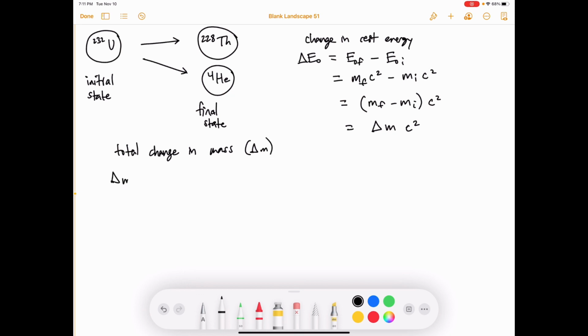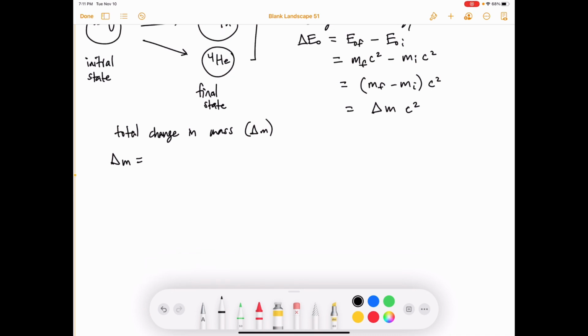So delta M is equal to, okay, the final mass that we have is the combined mass of the helium-4 and the thorium-228. For the thorium-228, the mass is 228.02873 atomic mass units. For the helium-4, it's 4.00260 atomic mass units.